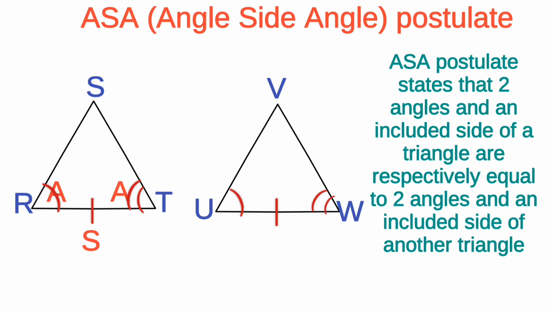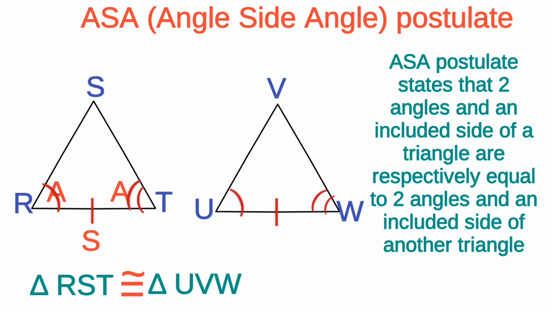So I want you to take note of that. And you will notice that the side given lies in between the two given angles. That is why we call it included side, because the side lies in between the two given angles. Take note, it is very, very important. So finally, you can say that triangle RST is congruent to triangle UVW.